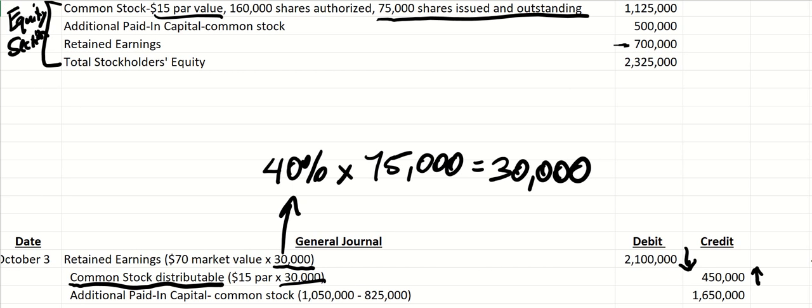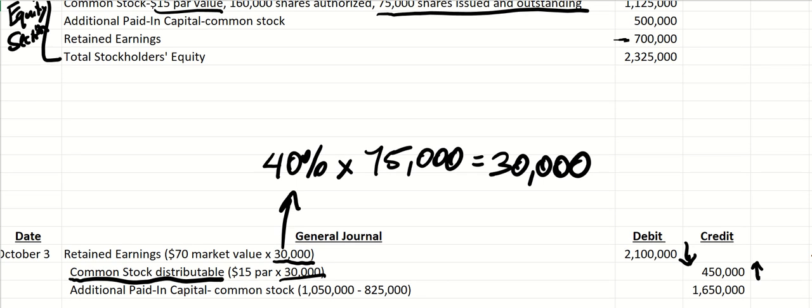So when we take 2.1 million and subtract out 450,000, that's going to be our difference here, which gets credited to additional paid in capital, common stock. That's 1.65 million. That's also going to increase the balance in that account.